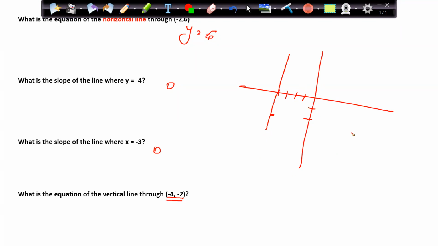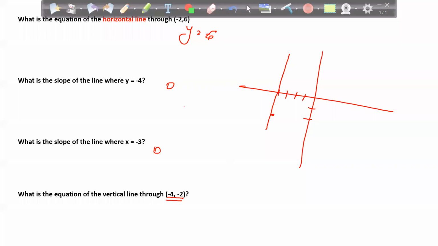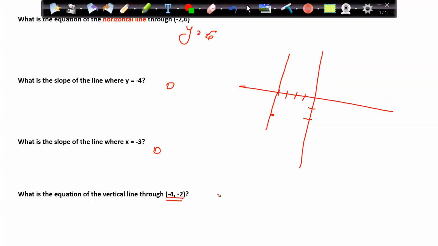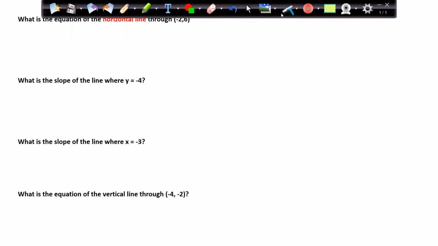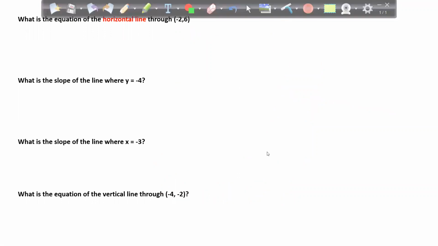What is the equation for this? X equal to -4 or not? So that is the equation. Okay.